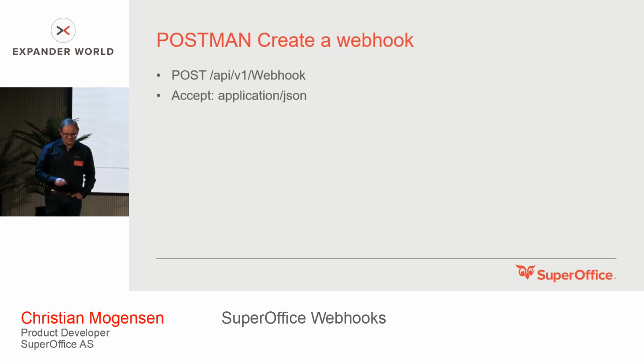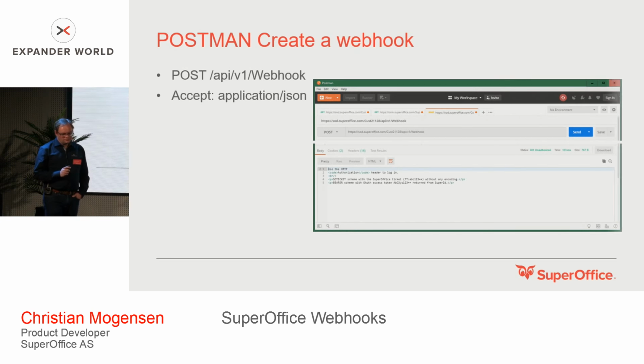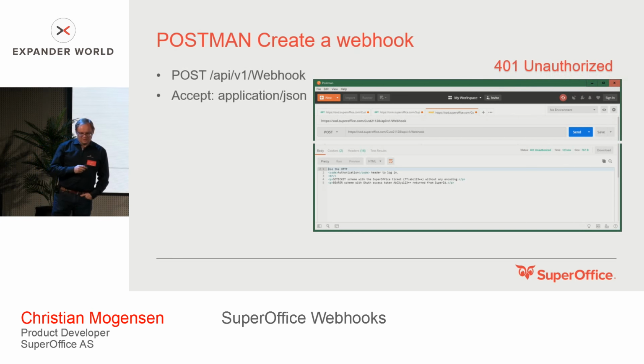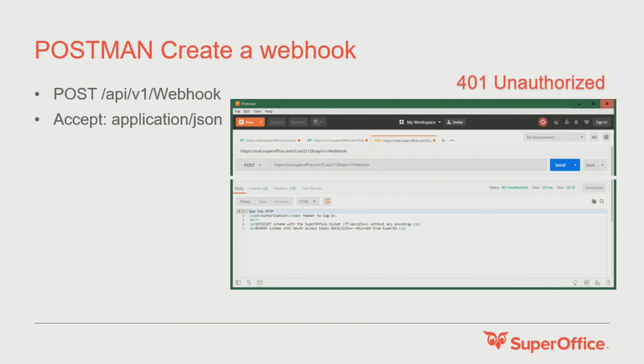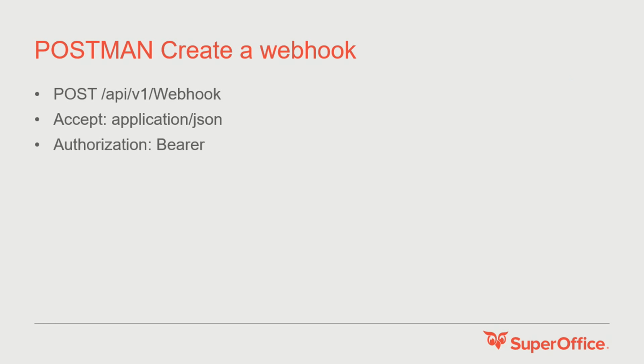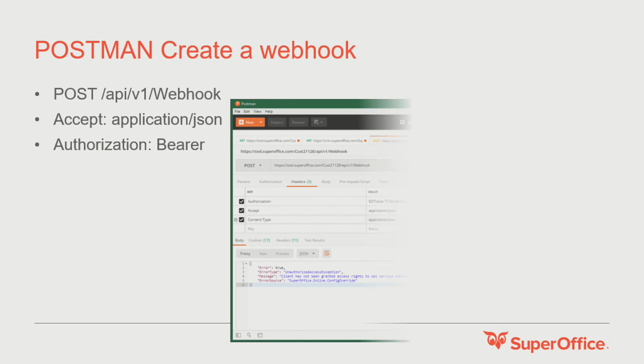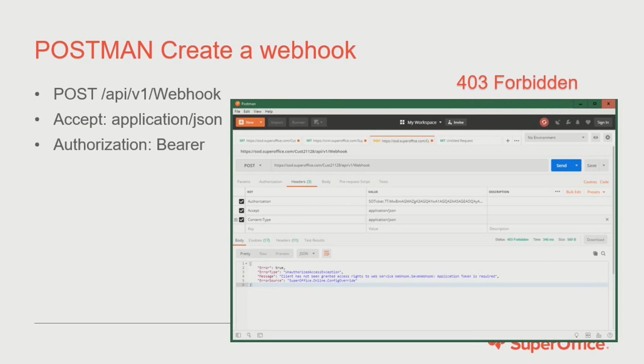So yes, in Postman, create a webhook. Okay, we did that. If we just send one off, we get unauthorized. So we add some authorization, a username and password, and it says no, you must be administrator. Or in this case, since it's online, it says no, you must have an application token.